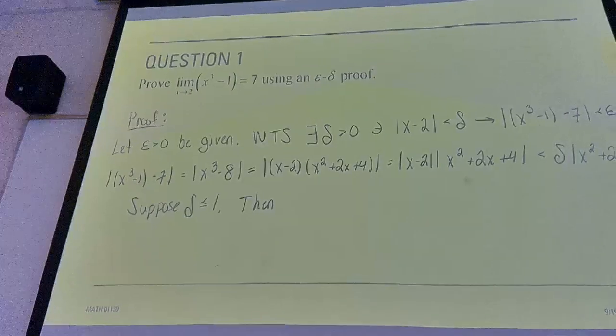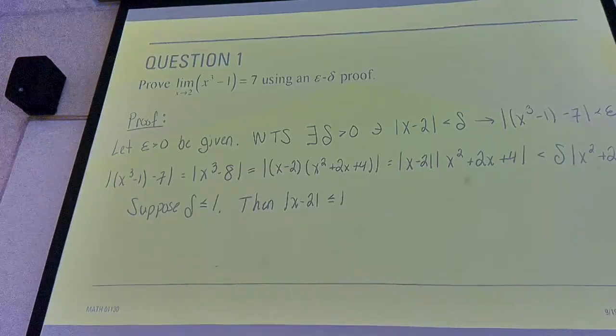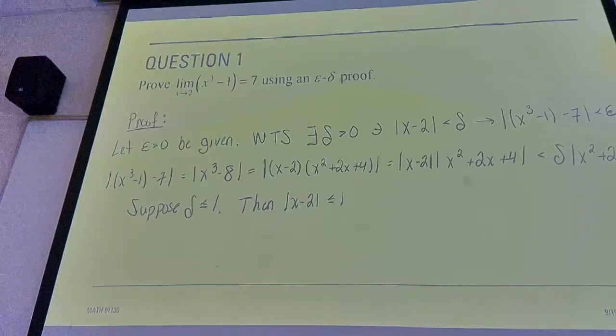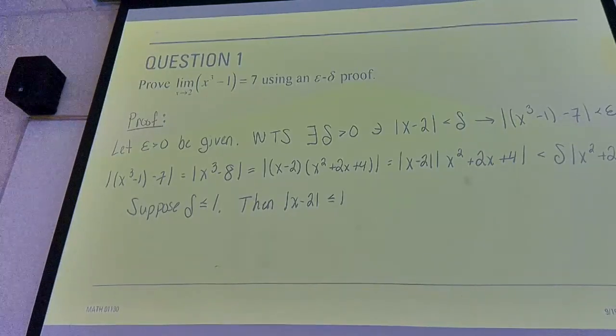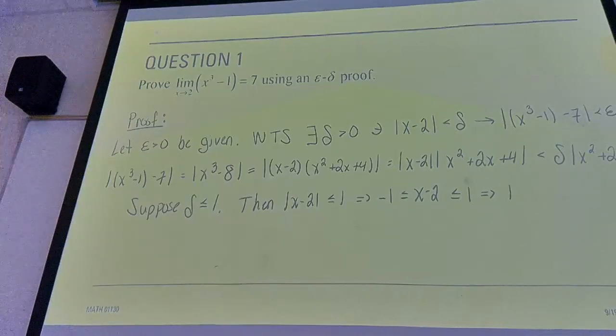Let's add a further restriction: delta less than or equal to 1. With that, we're going to get x between 1 and 3.